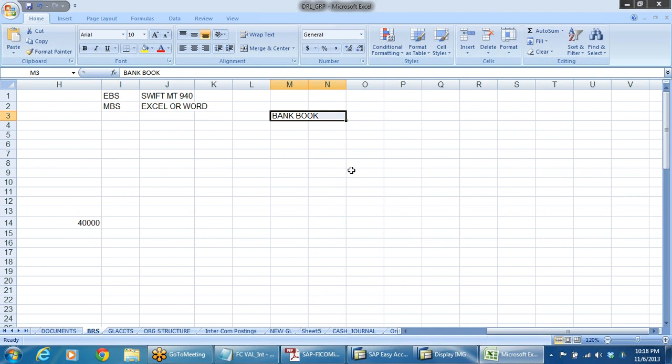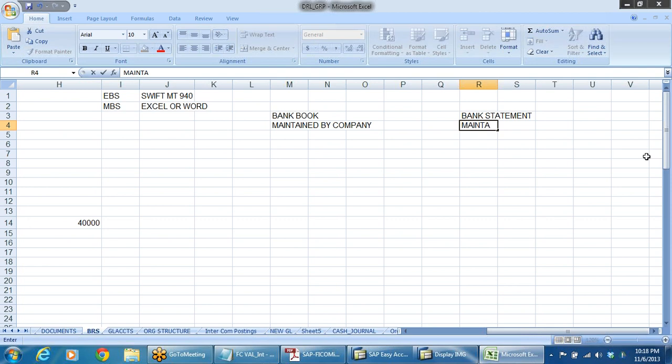Every bank entry, checks received or checks issued, will be routed through this bank book maintained by the company. Now, bank statement. This is maintained by the bank.